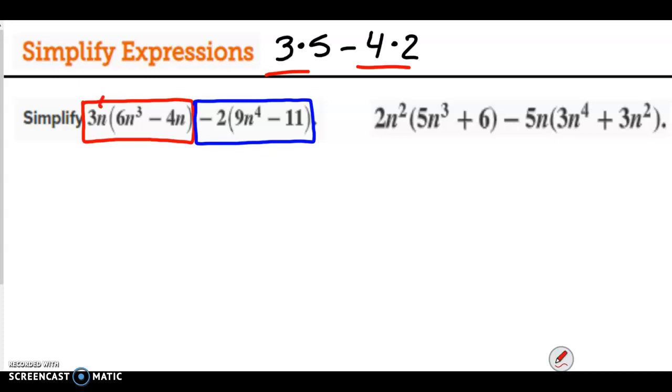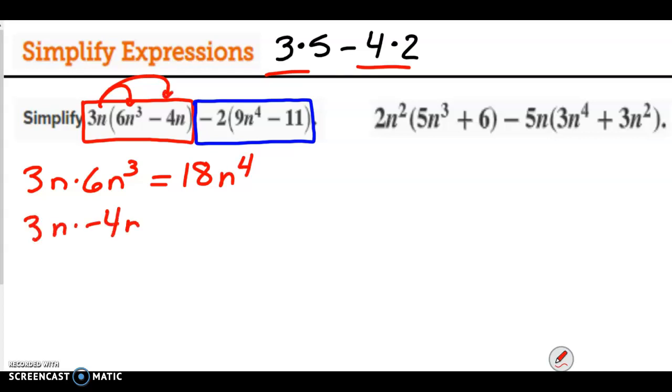So this first one, 3n times 6n cubed. 3n times 6n cubed is going to be 18n to the 4th, okay? And then 3n times a negative 4n. And that's going to end up with 3 times negative 4 is going to be negative 12, and n times n is n squared.